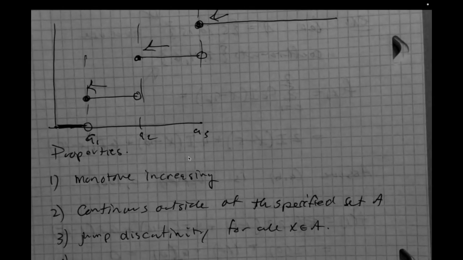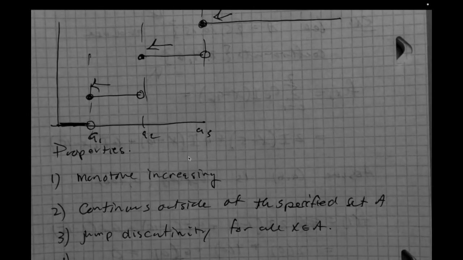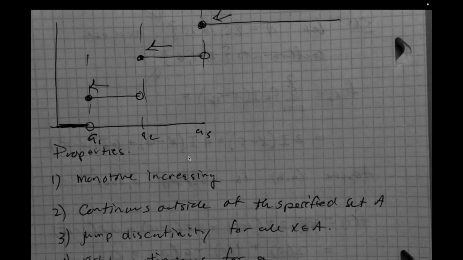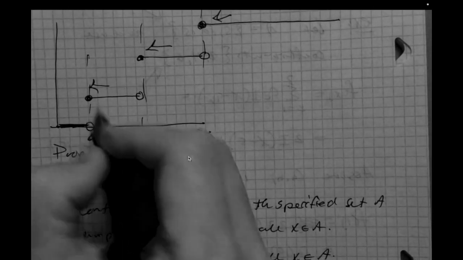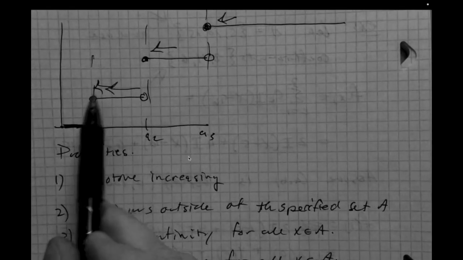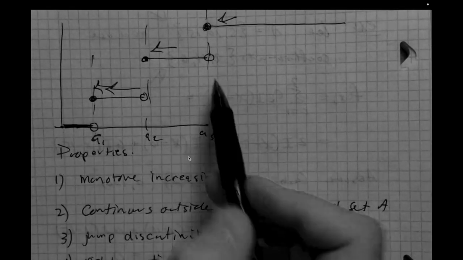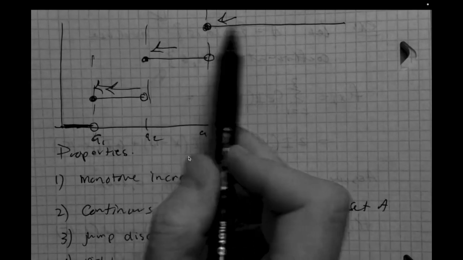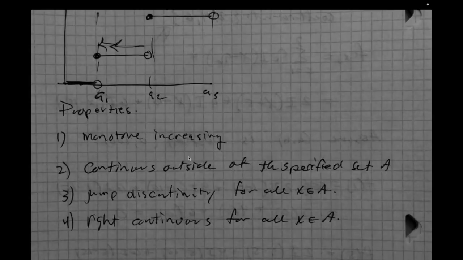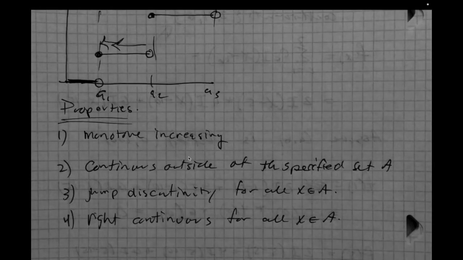So it's right continuous for all x in A. All right, so we're right continuous at A1. So if I approach A1 from the right, I'm continuous there. If I approach A2 from the right, I'm continuous there. If I approach A3 from the right, I'm continuous there. Okay, and so these are the properties of this function that we've designed.